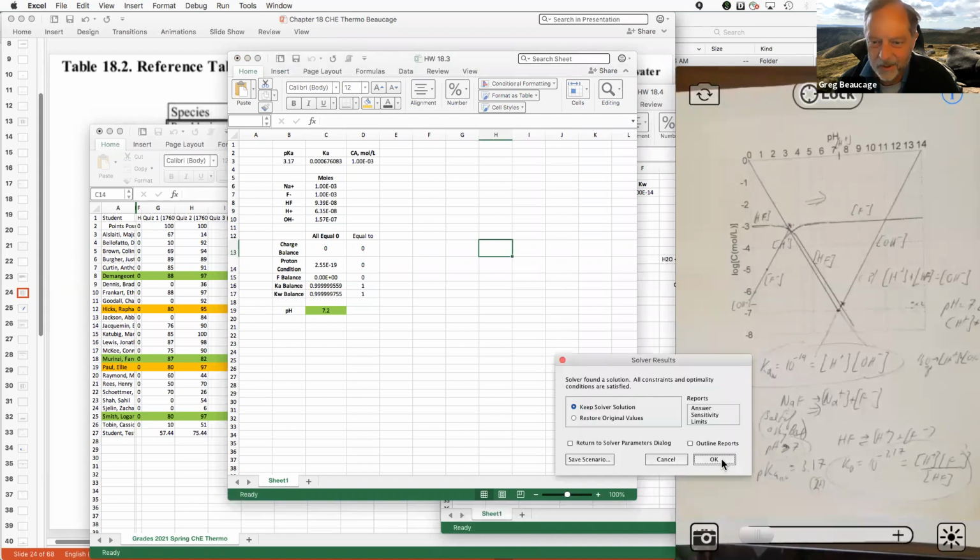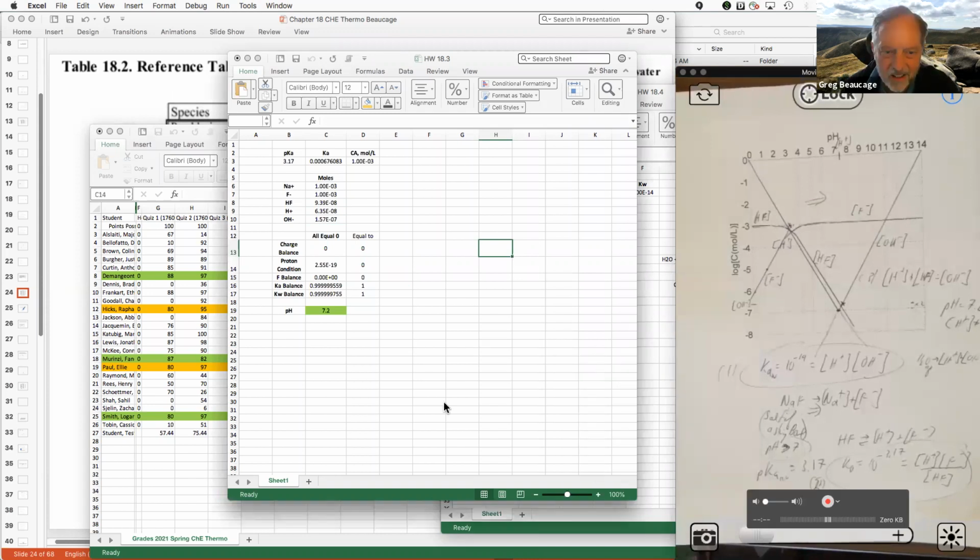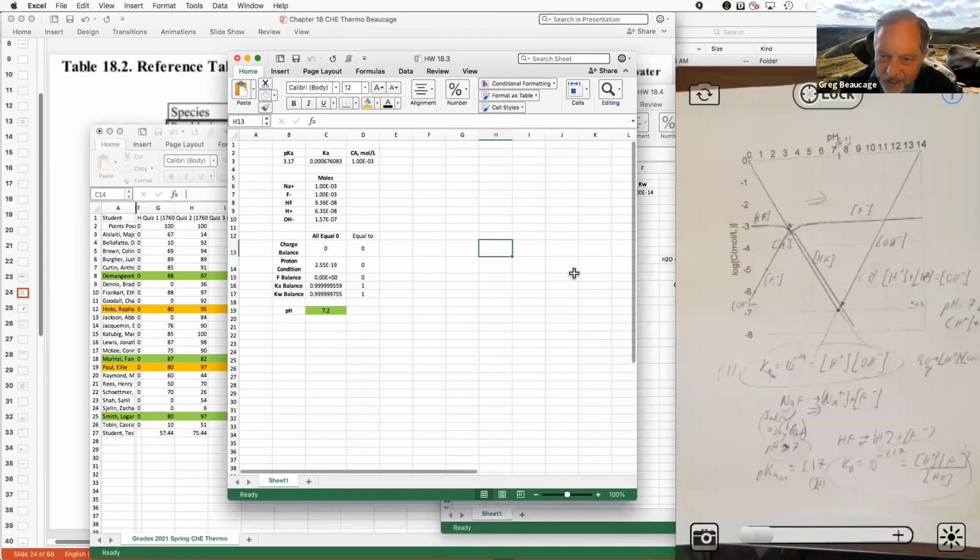So it found a solution, okay, and the answer is the same thing that I thought it would be. So 7.2, right? But the caveat of this whole operation is that if you start over here in pH 1, this won't solve it. It'll say it can't find a solution. So you have to be at the solution to kind of get the solution.